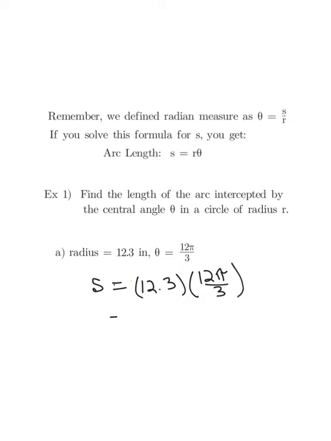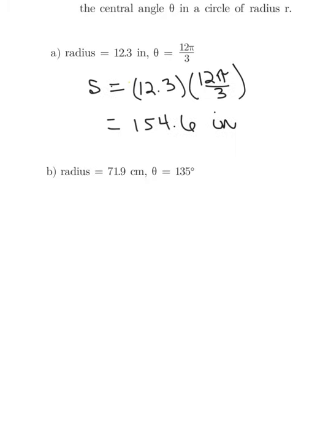If you put that all in on your calculator, you should get 154.6. Now, when you are talking about arc length and you want to put the label on it, the measure of the arc length is the same measure as the radius of the circle. So if the radius is measured in inches, then the arc length is also measured in inches.